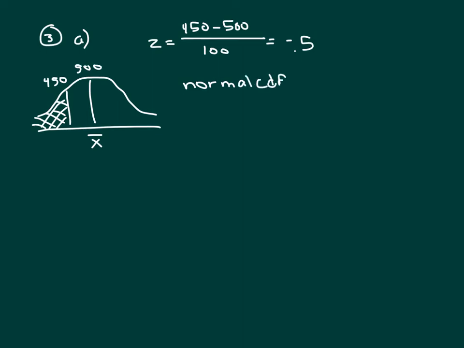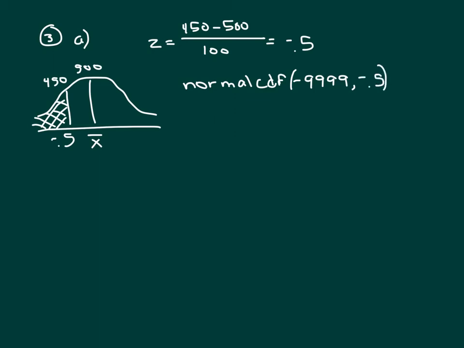And since we're looking for everything under 450, and 450 is a half a standard deviation below the mean, we're looking for everything that's to the left of it. So our lower bound is going to be a really, really small number. I usually use -9999. And our upper bound here is going to be this -0.5.